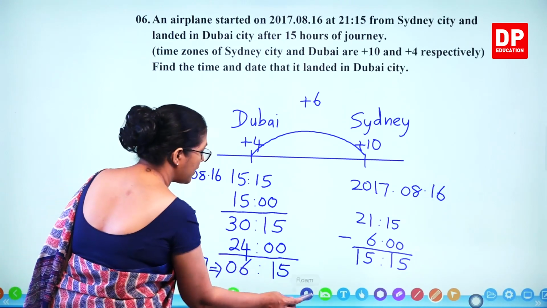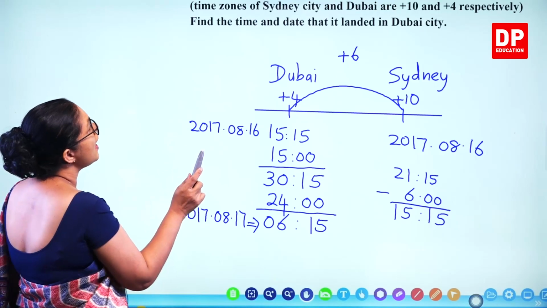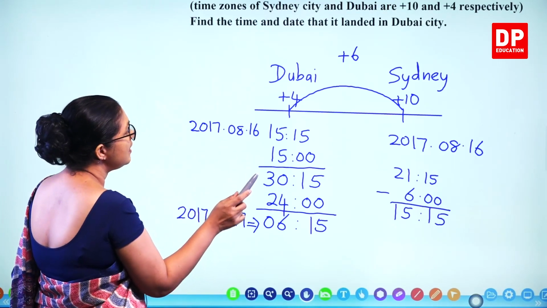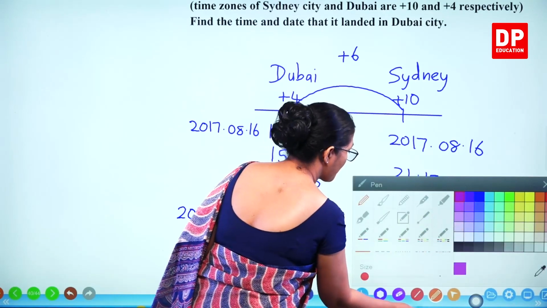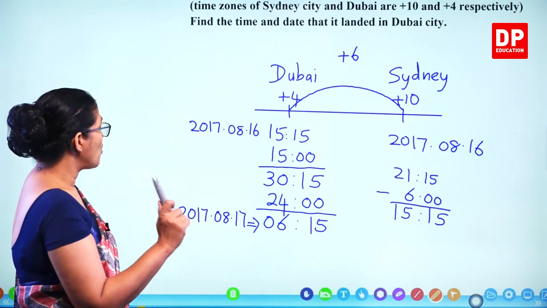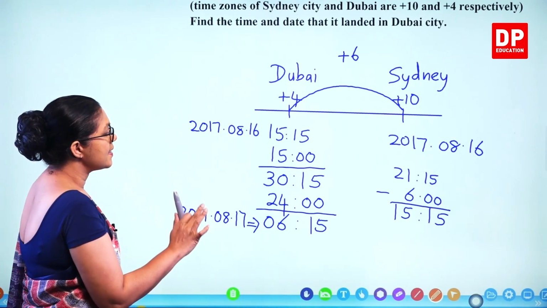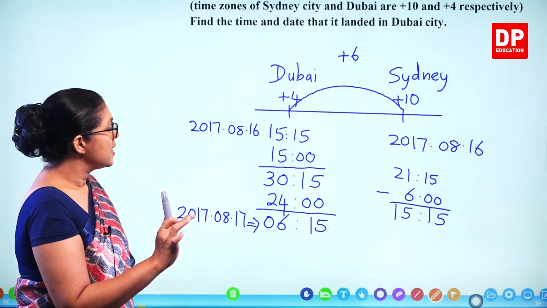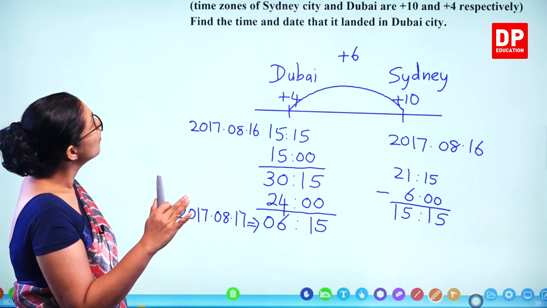Next day in the morning. So find the time and date that it landed in Dubai City. That's 2017, 8/17, 6:15 a.m. So that's the whole question.